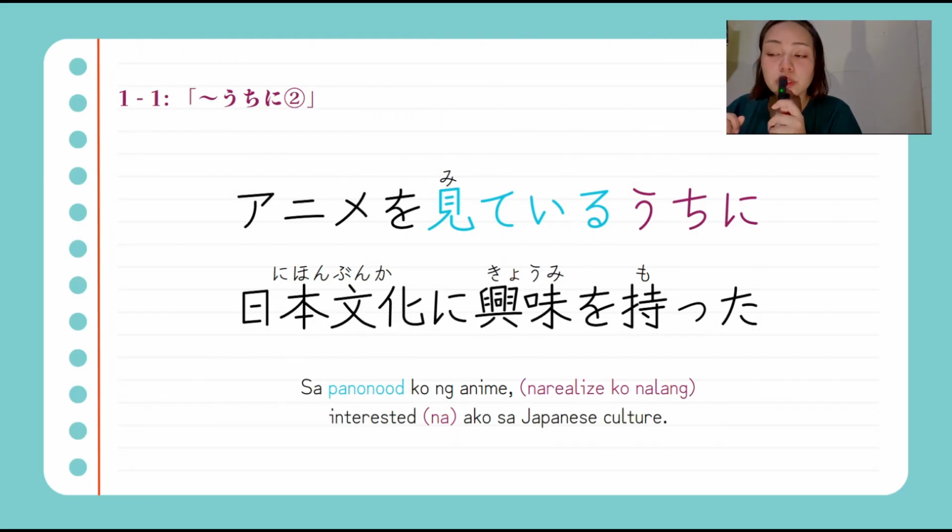Anime o miteiru, dagdag ka lang ng uchini. Anime o miteiru uchini. So, habang sa panonood ko ng anime, na-realize ko na lang na nagkaka-interest na pala ako sa Japanese culture. So, Japanese culture, we have Nihon bunka. Nihon bunka ni kyoumi o motta. Anime o miteiru uchini Nihon bunka ni kyoumi o motta.